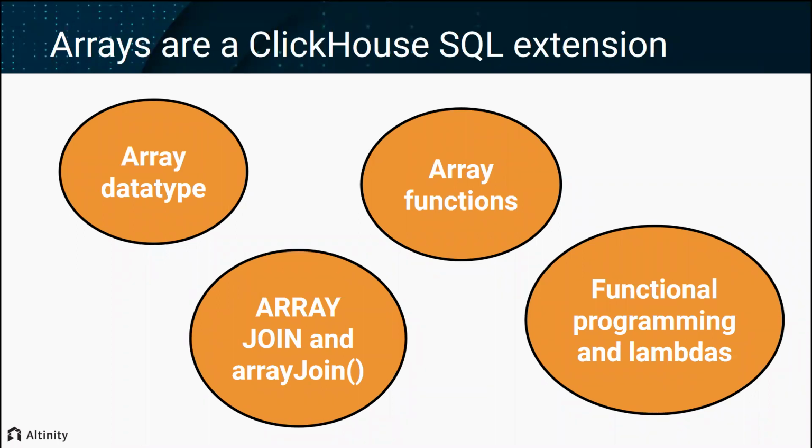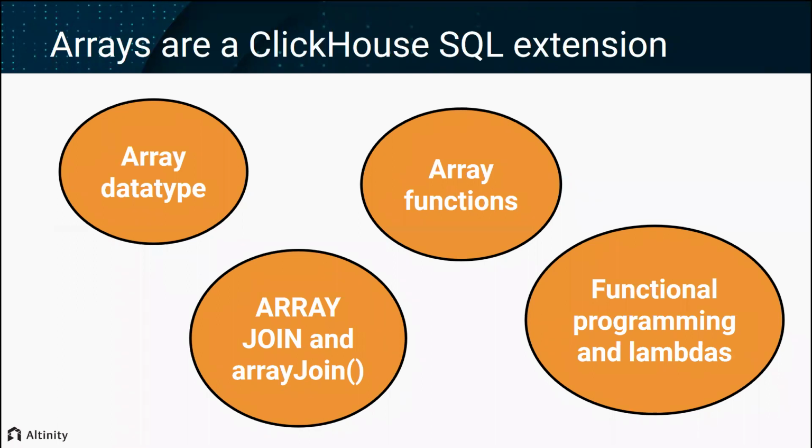So for example, you can look at arrays simply as a data type. This is an extension to tables that you can use to model certain types of data, basically anything that's a vector. There are features that allow arrays to be used in joins. We'll talk about that. There is a huge library of useful functions that operate on arrays.